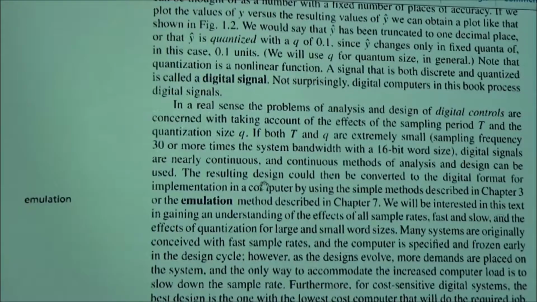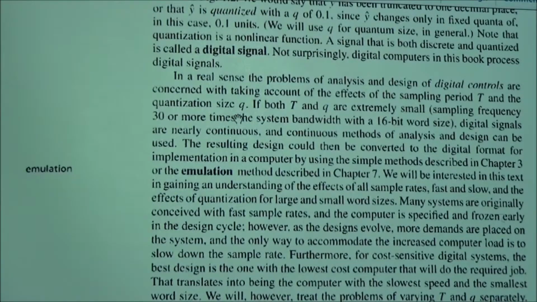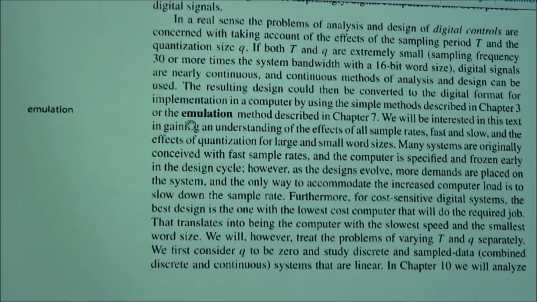So in this course, we will basically call the system either digital control or discrete time control. They mean the same thing. And a digital signal is also a system which is both discrete and quantized, which we will come to later on. Another concept which you will be exposed to is emulation.